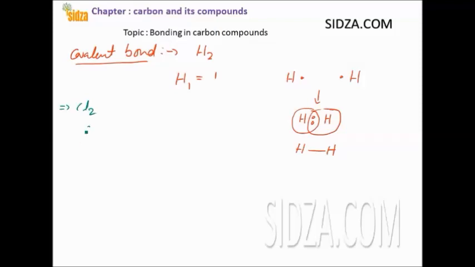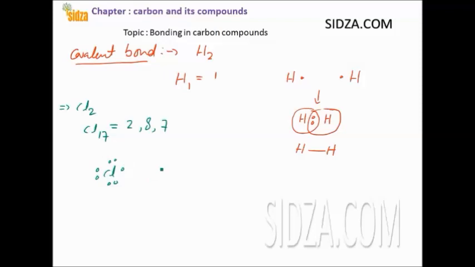Chlorine with atomic number 17 has electronic configuration 2 in the first shell, 8 in the second shell, and 7 in the valence shell. So chlorine has 7 electrons in its valence shell.